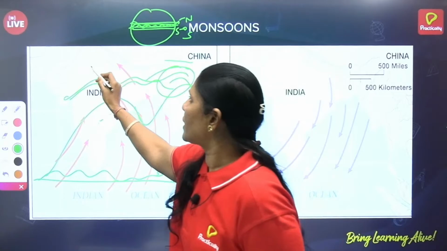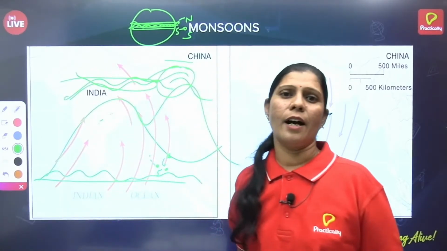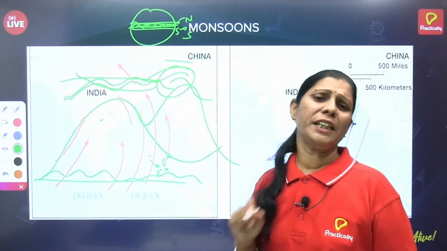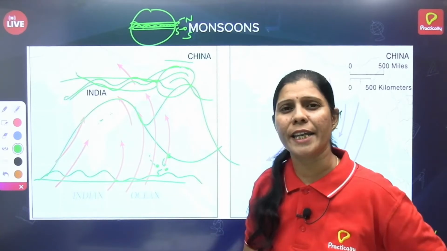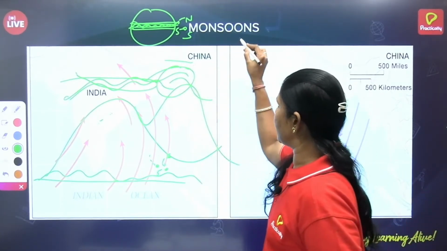That's why the northern plains experience more rain in India compared with the remaining parts of the country. One of the factors is the intertropical convergence zone, ITCZ.